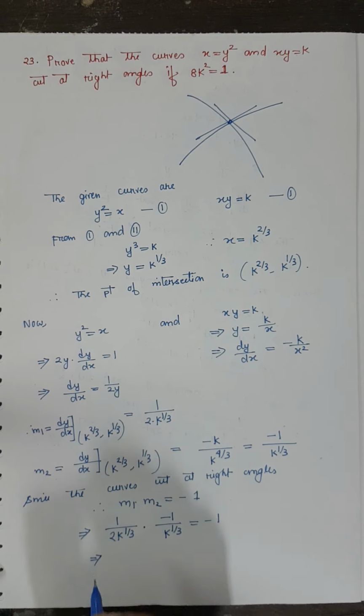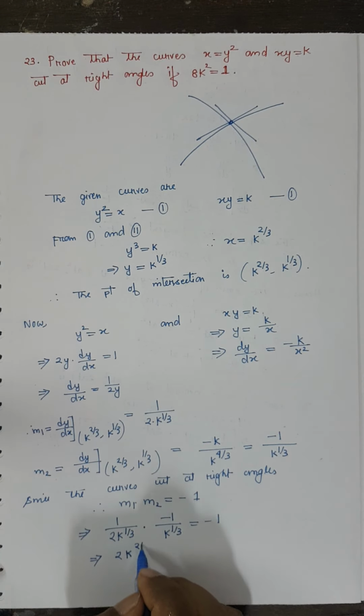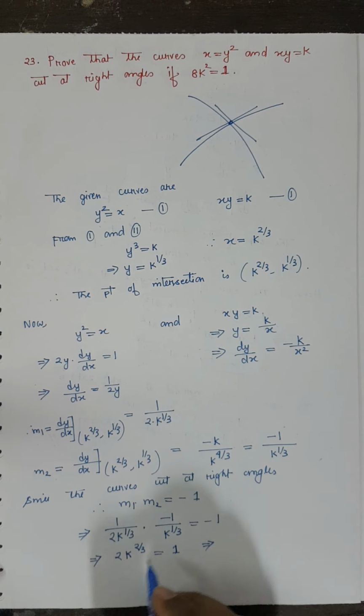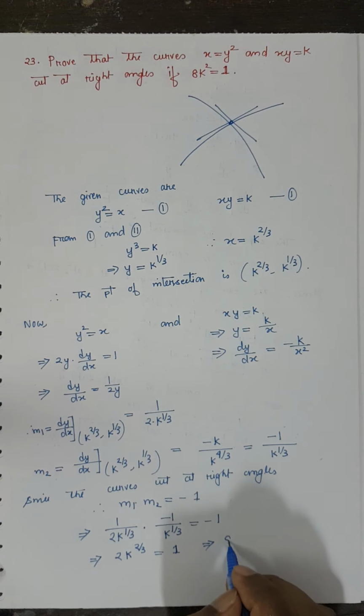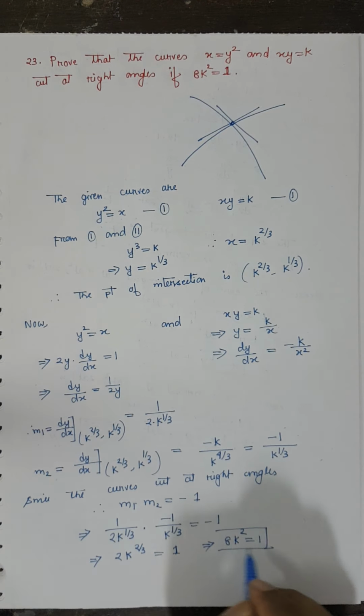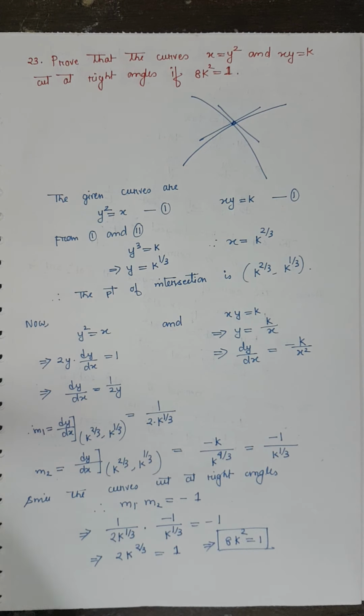So upon solving, we'll get that 2 into k to the power 2 by 3 is equal to 1. If I take the cube on both sides, I'll get 8k squared is equal to 1. This is the condition for orthogonality of the two curves.